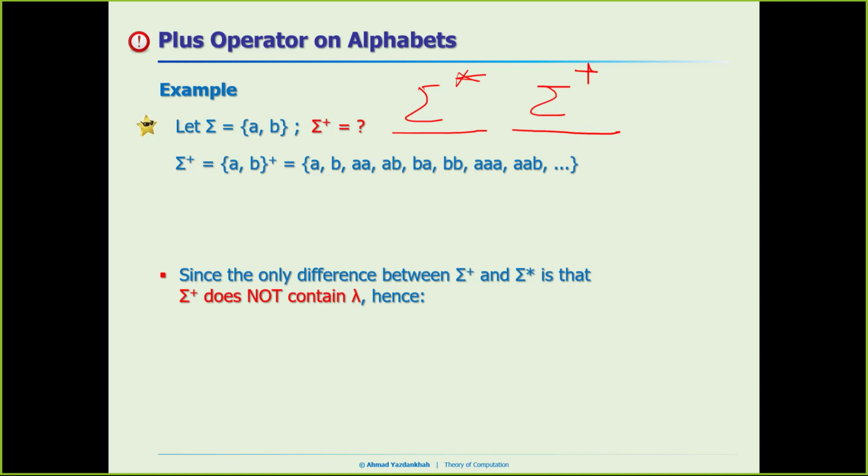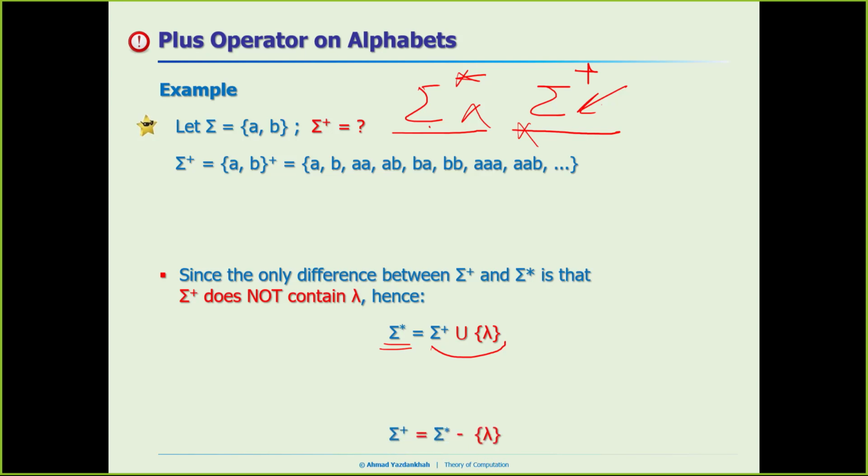If you add lambda to sigma plus, you will get sigma star. But we don't have add in sets, so we should use union: if you union lambda with sigma plus, we get sigma star.